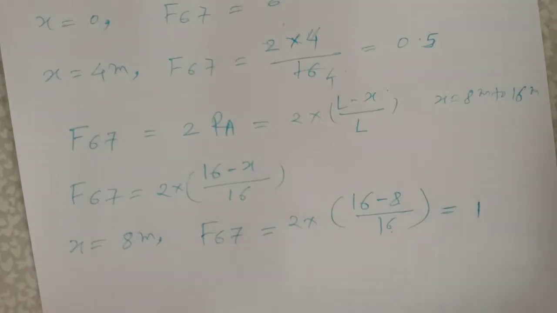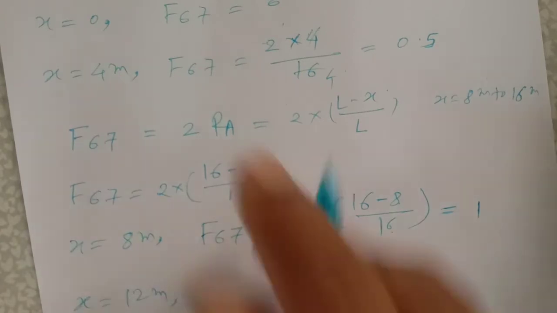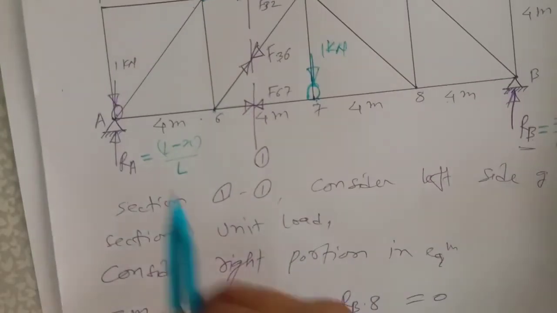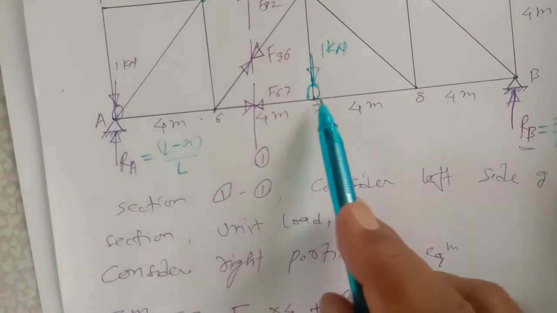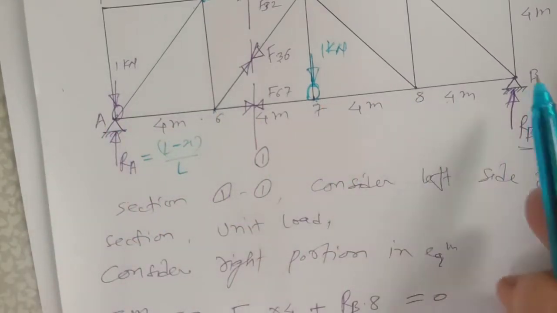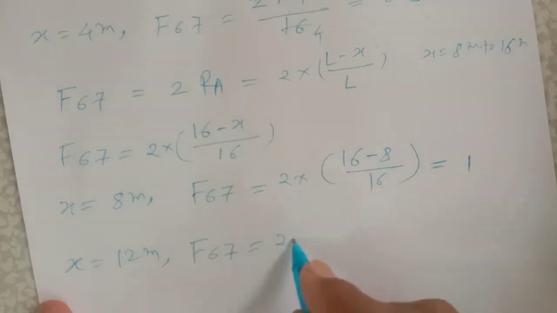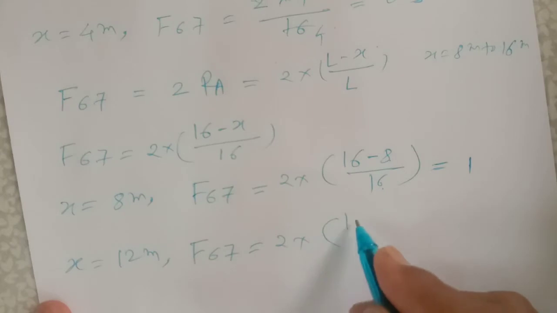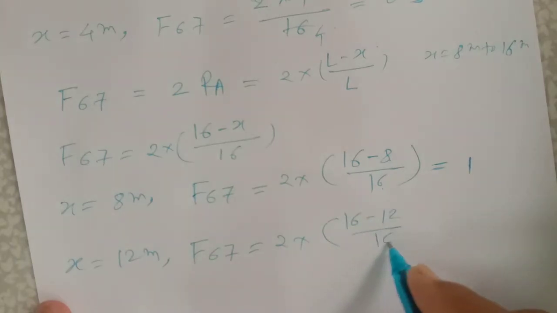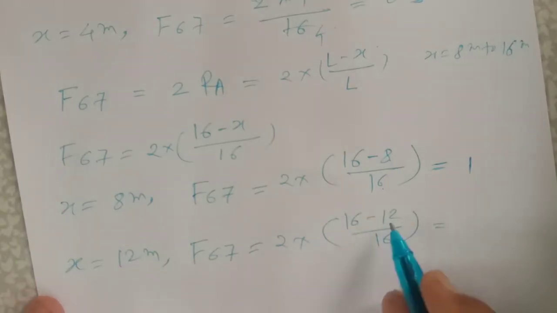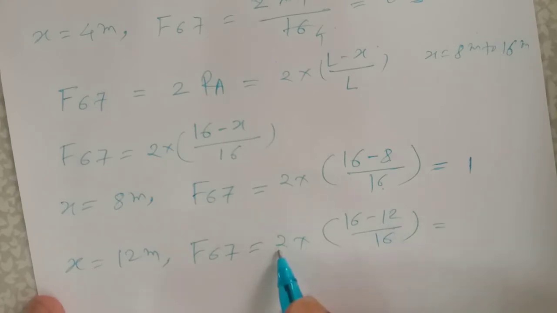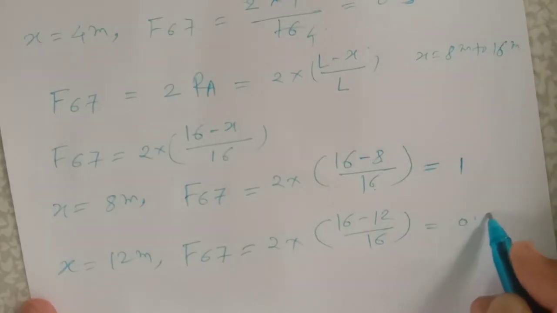Okay. Similarly, when I put X is equal to 12 meter. That means we have considered in this case x is equal to 0, x is equal to 4, x is equal to 8 meter, x is equal to 12 meter, and x is equal to 16 meter. So when I put x is equal to 12 meter, force in member 6, 7 is equal to 2 multiplied by 16 minus 12 divided by 16, that is 4 2s are 8 divided by 16, that is 0.5.